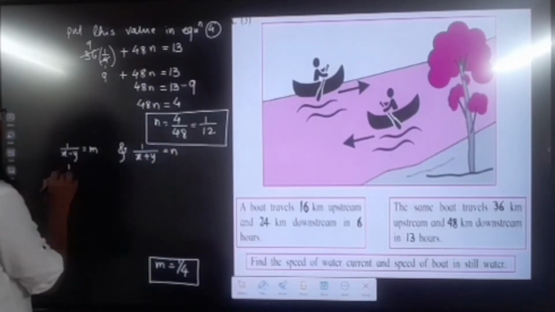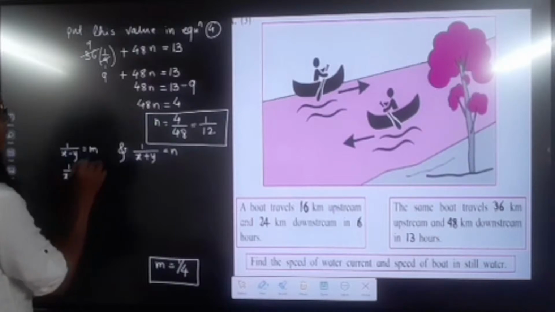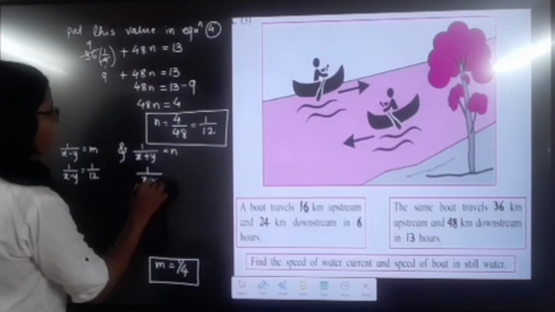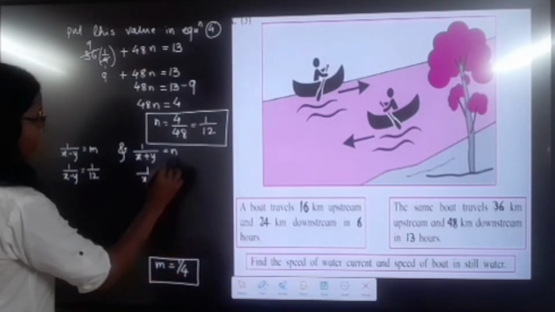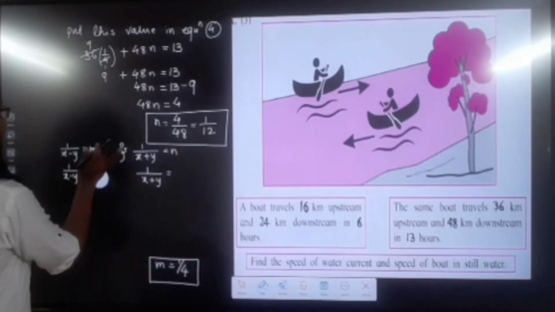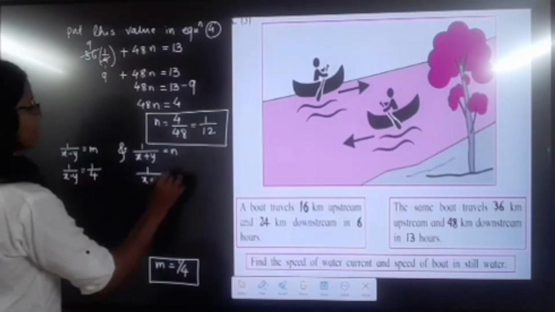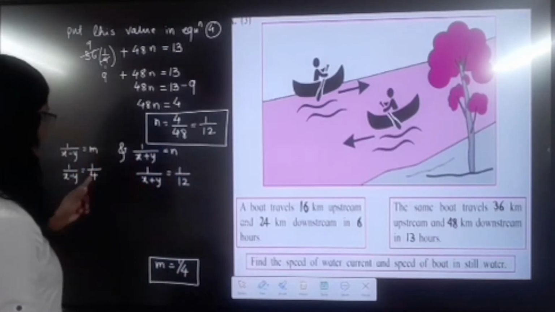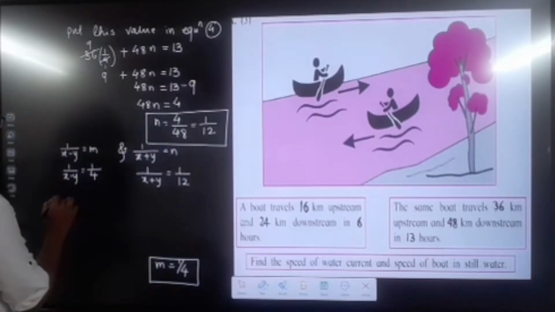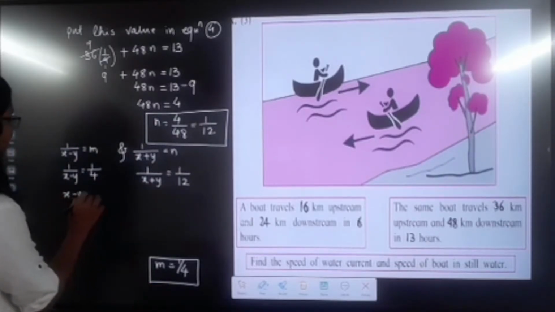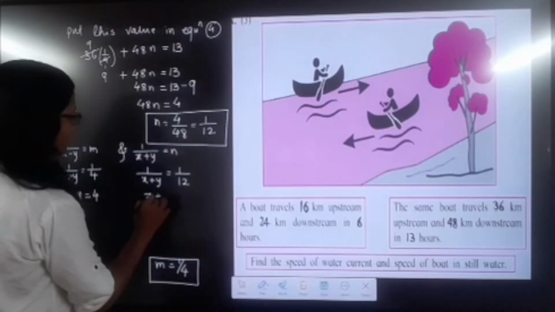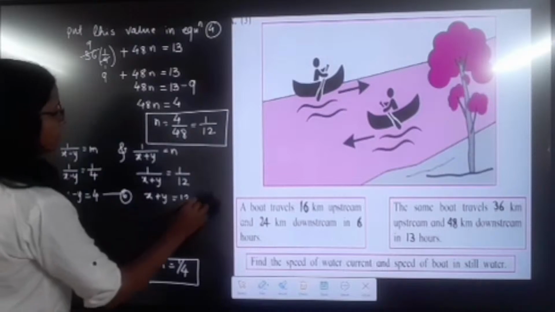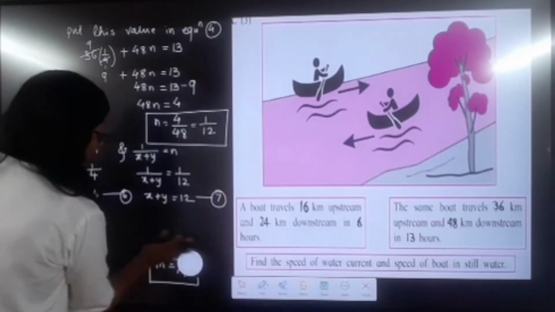So 1 upon x minus y is equal to 1 upon 4, and 1 upon x plus y is equal to 1 upon 12. Okay, this is the value for n. So now simplify it. x minus y is equal to 4, x plus y is equal to 12. This is the sixth equation, and this is the seventh equation.